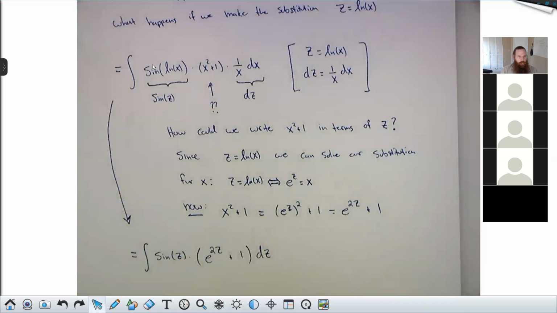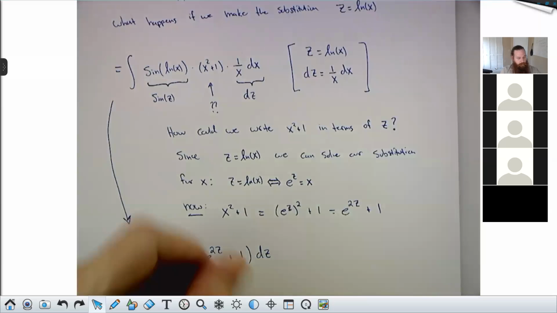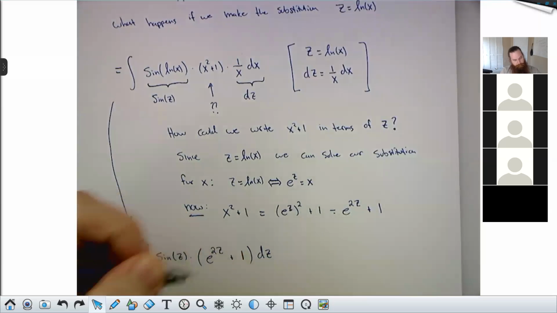You see, every piece has been replaced by its equivalent piece in terms of z. I'll show you how to do this integral in Calc 2, but this is a little bit beyond us from here. The substitution step, though, is not beyond us.